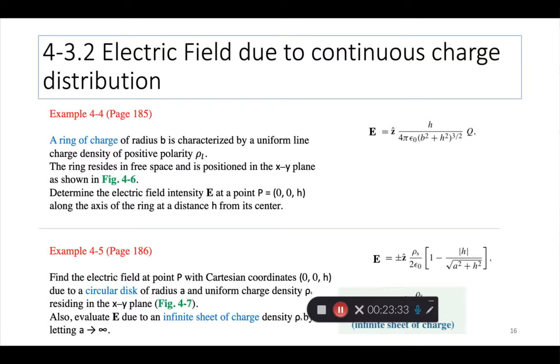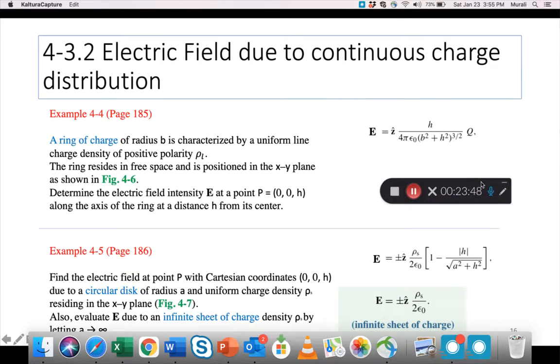So that's another derivation also in example 4-5. So take a look, see what method is being used to derive all these. Once you know the method, then you're okay.